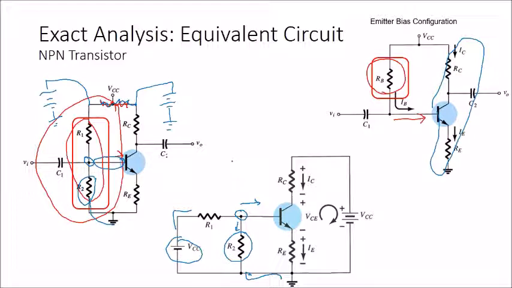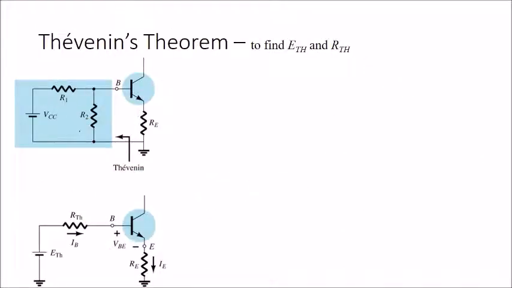So what we need to do is simplify this part, the input part. How are we going to simplify the circuit? We have to use the Thevenin theorem. In Thevenin, we have to simplify the circuit to only one resistor and also one power supply.